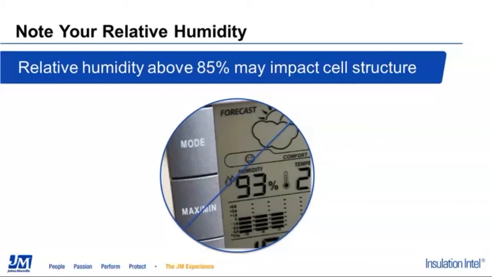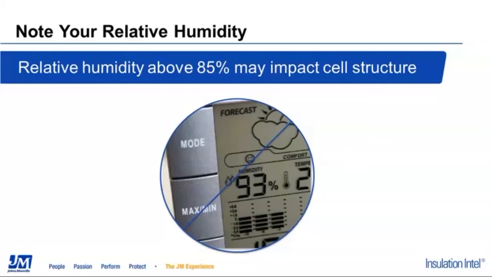So as our relative humidity starts to surpass 85%, let's just make sure that again, we're monitoring the formation of cell and the polyurethane foam is forming correctly. This again is also a guideline. This isn't a, hey, at 86%, you're guaranteed to have problems, but it's one of the things we definitely want to watch for.